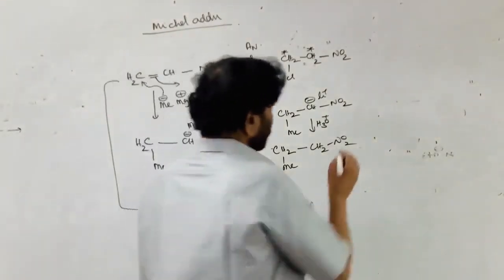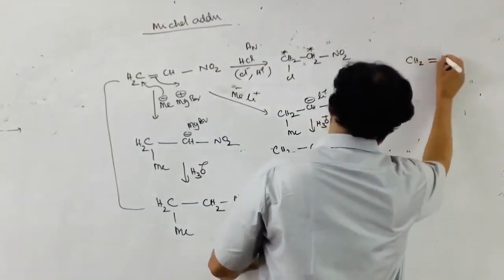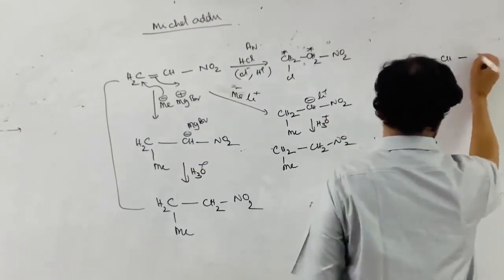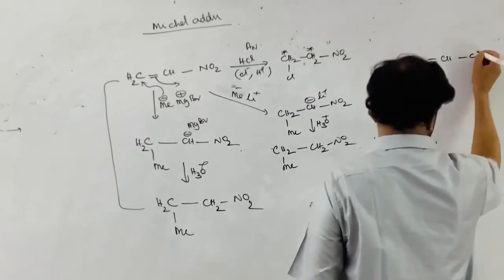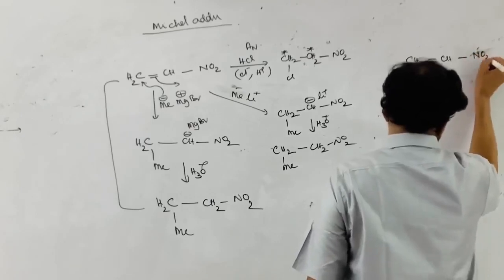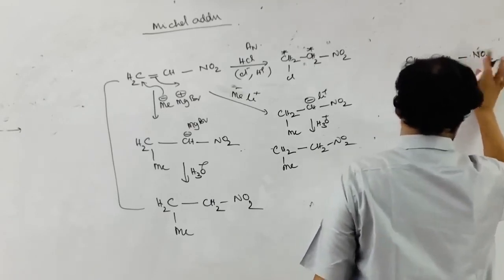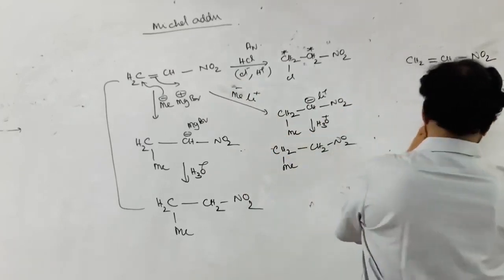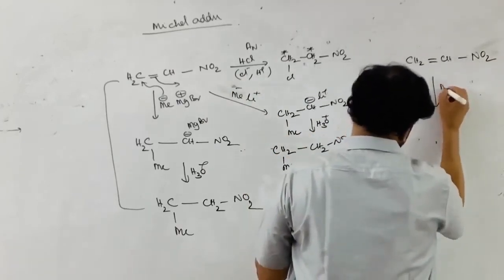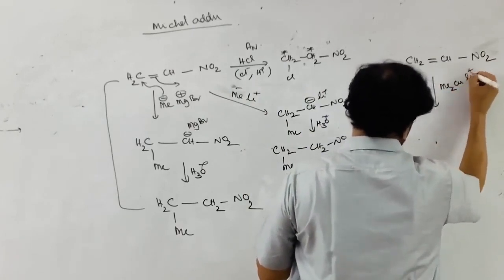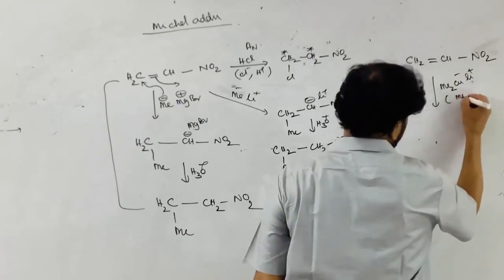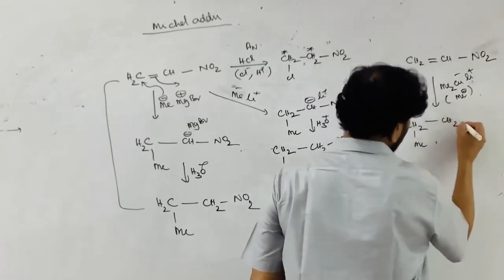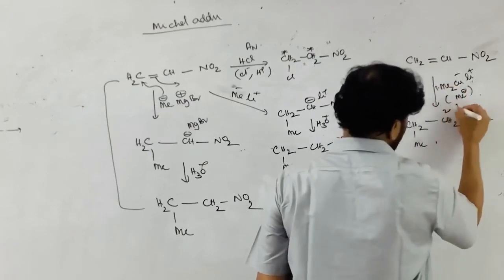This is Michael addition. You take the CH2 double bond CH, and anything, the same NO2 group or cyanide group, and if it is treated with dimethyl lithium cuprate, where the attacking species is Me minus carbanion, then MeCH2CH2NO2, followed by acid workup.